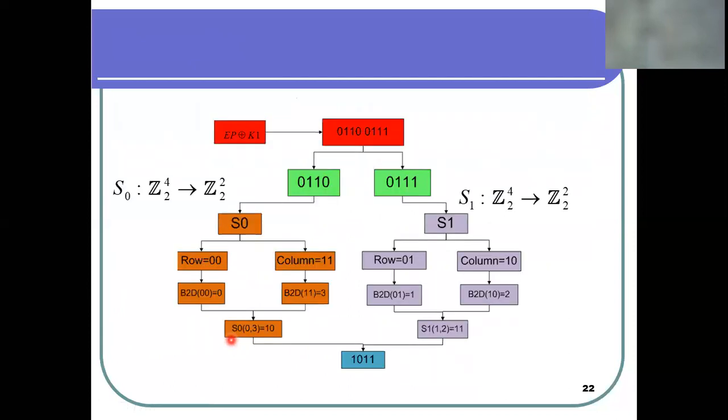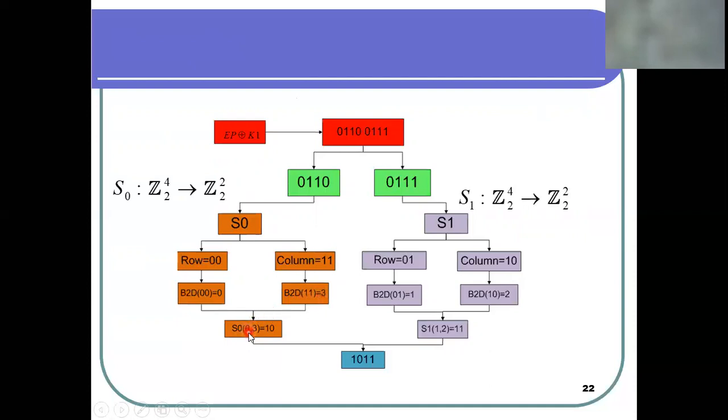I get another 8-bit output. After getting this 8-bit output, I once again divide these 8 bits into two chunks of 4 bits each, and feed these 4 bits to S0 and the remaining 4 bits to S1. The first and fourth positions give you 00, this is the row, and the first, second and third positions give you the index of the column. Converting binary to decimal, 00 is 0, and then 11 in binary to decimal is 3.